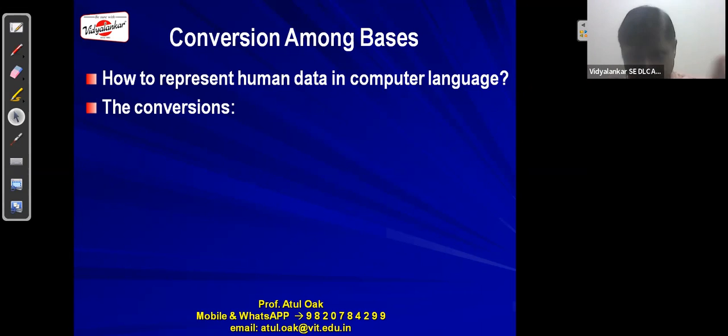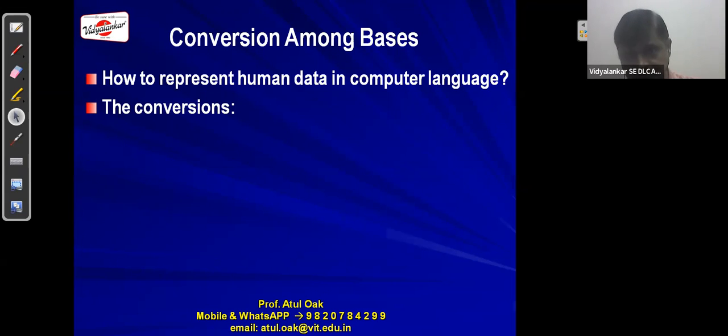See, there is a gap. Okay, if you are good listeners and if you are with me, then what humans use is the decimal number system, what computers use is the binary number system. Why binary?